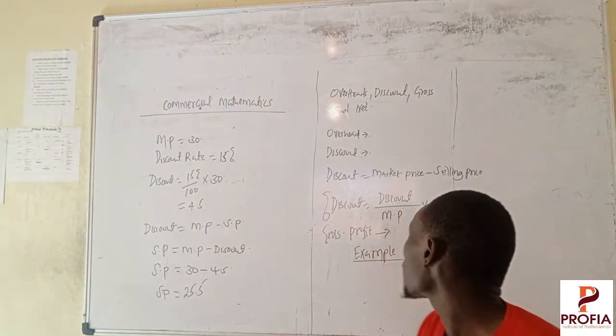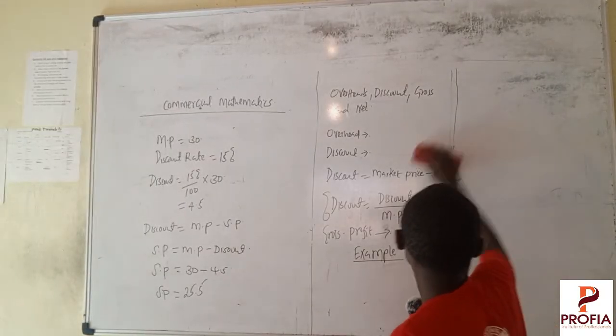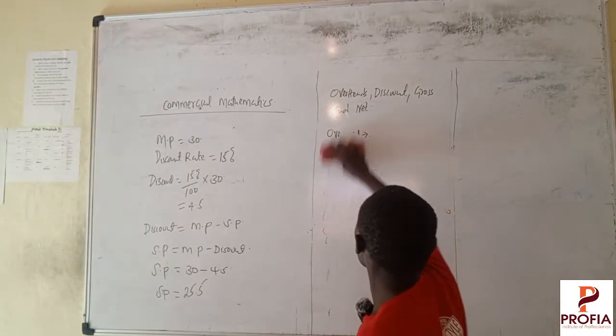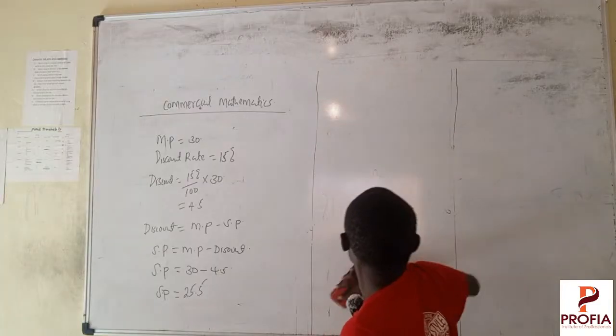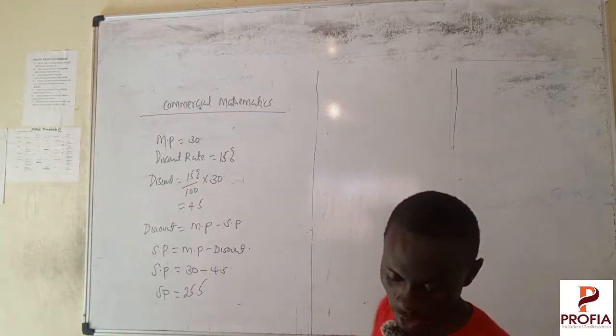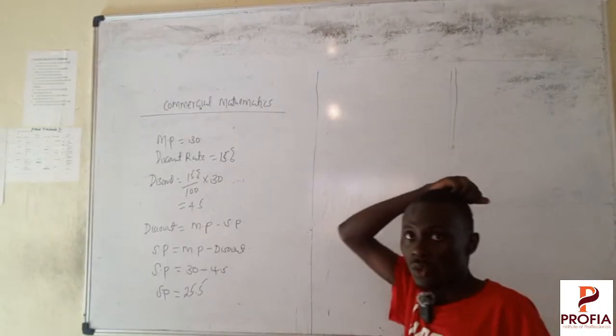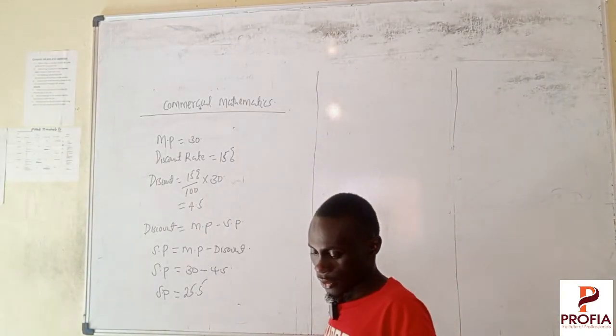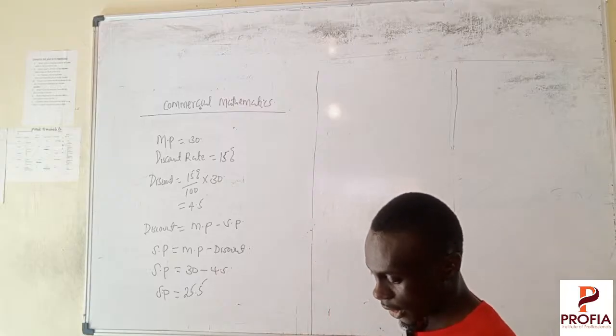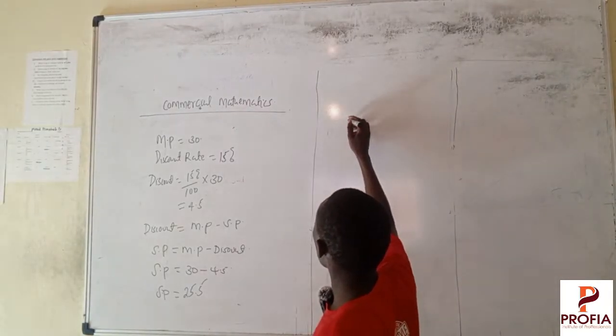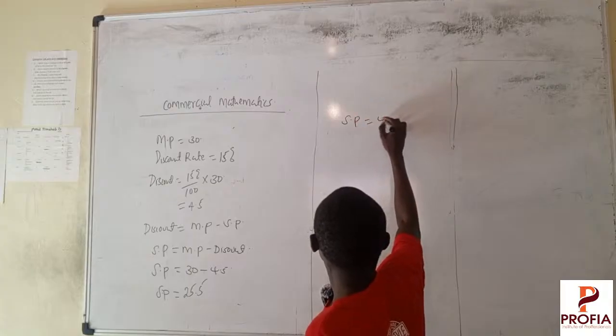So they are telling us a shirt was sold for 442 shillings. It means the selling price is 442.